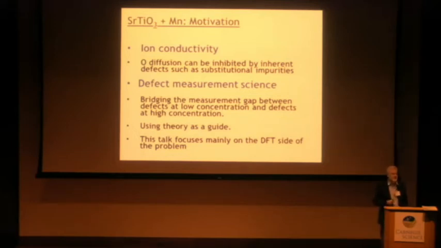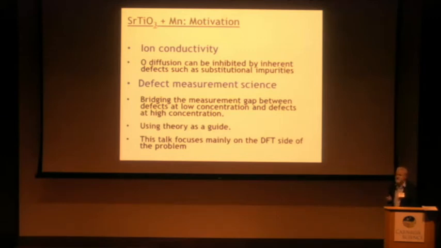Typically in perovskites, the main kind of ion conductivity would be oxygen ions moving, and that would be essentially due to having an oxygen vacancy, which is mobile. But oxygen vacancies are typically not the only defect. You can also have, for example, substitution for cations, and these might pin the oxygen vacancies and have a significant effect on the diffusion, as we shall see.